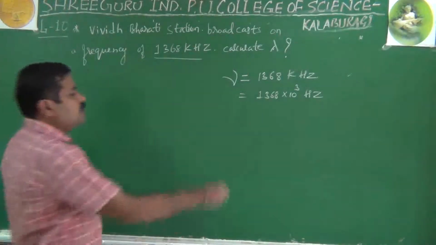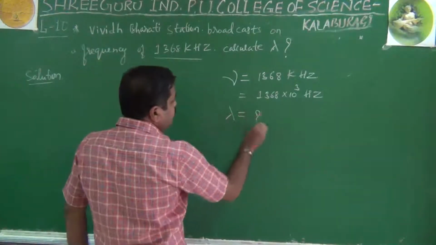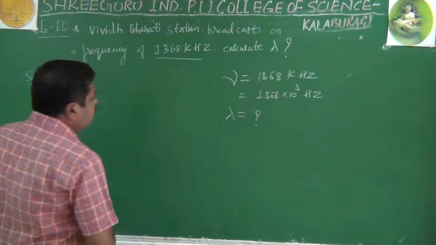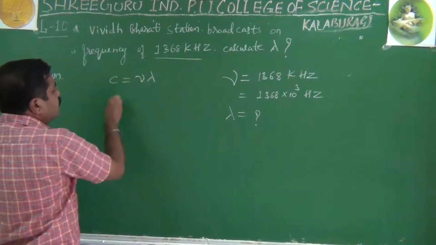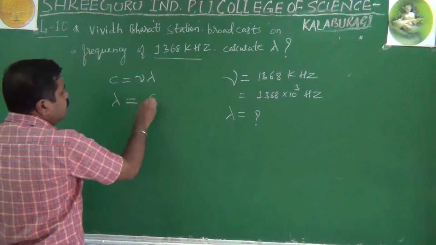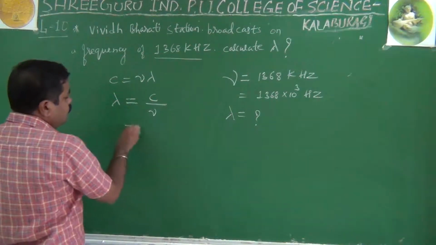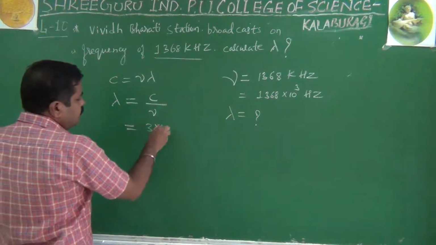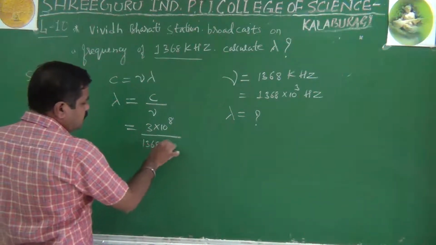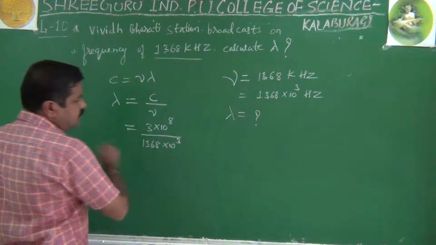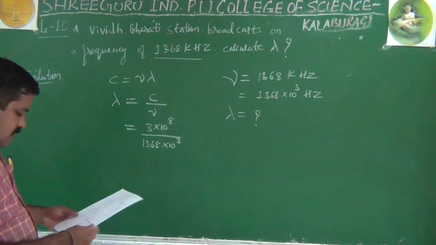Now what is our aim? Our aim is to calculate the wavelength, that is lambda. But you know the formula, C is equal to nu lambda. So lambda is C by nu. The velocity of light is 3 into 10 to the power 8, and the frequency is 1368 into 10 to the power 3 hertz.